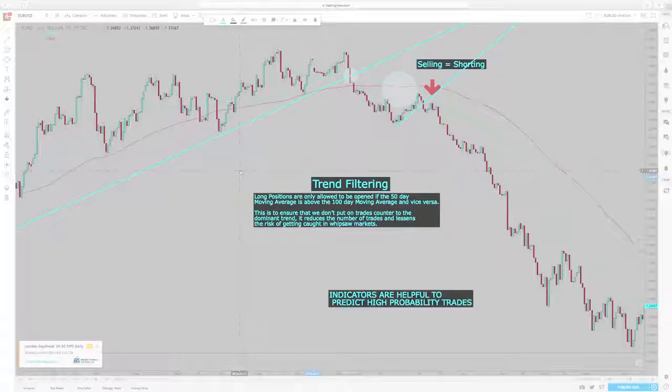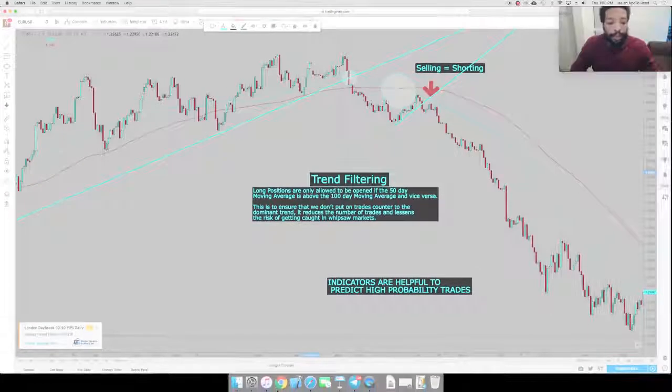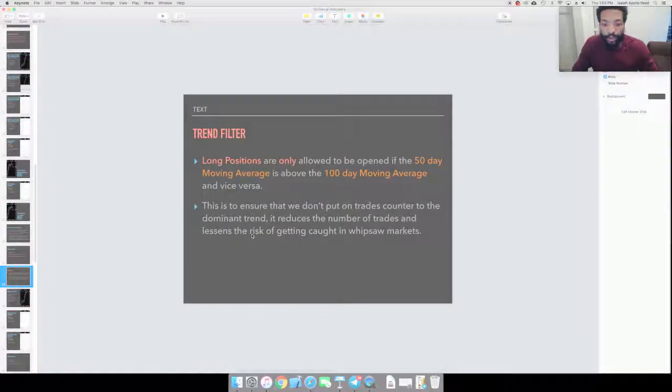It's all up to you to add on top of your trading rules. But I feel like that was a smooth example of trend filtering. I just recently learned about this as well, and I'm learning to implement this into my trading to allow me to produce high quality signals as well.